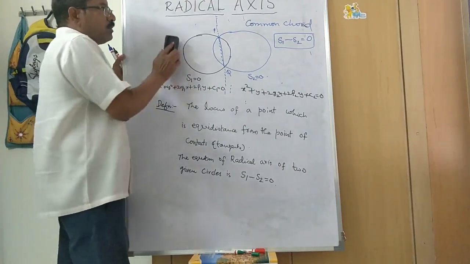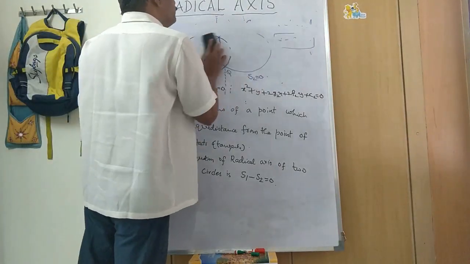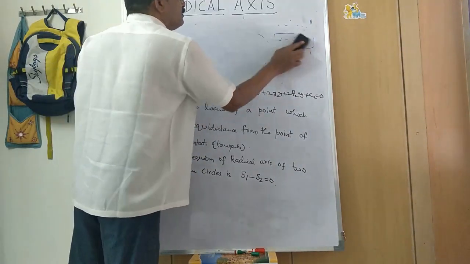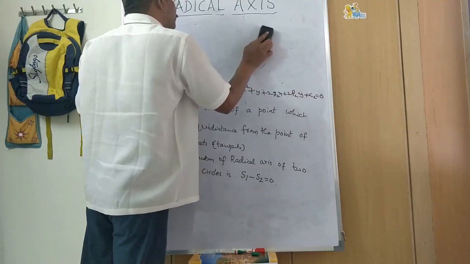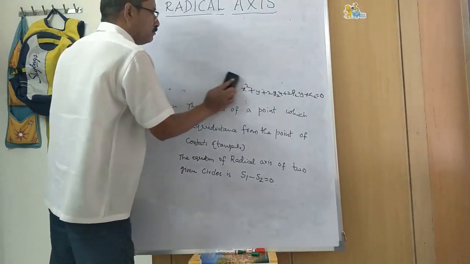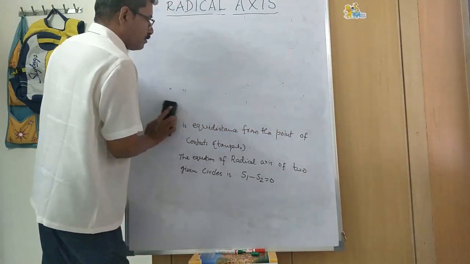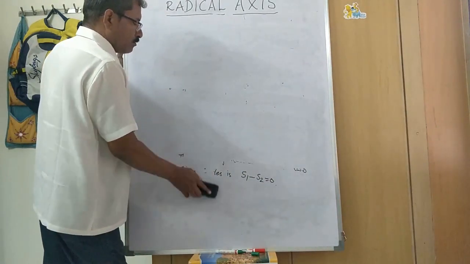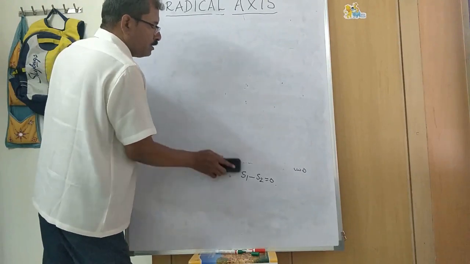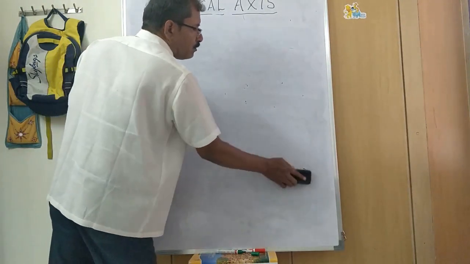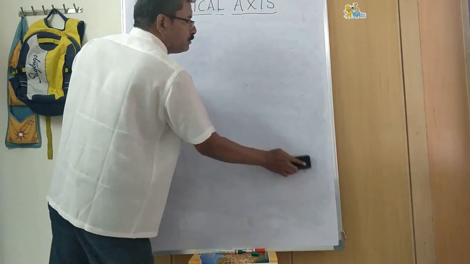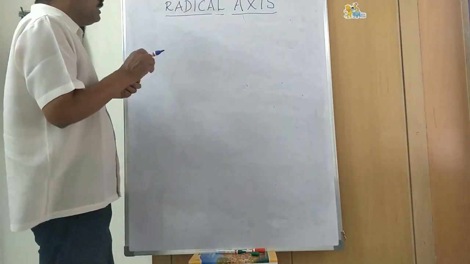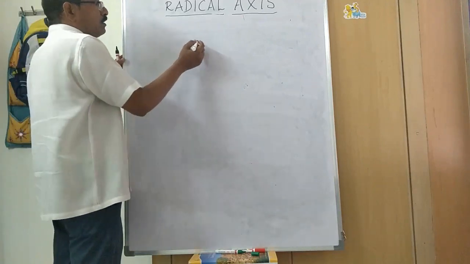Write down this. And after this, suppose there are three circles.